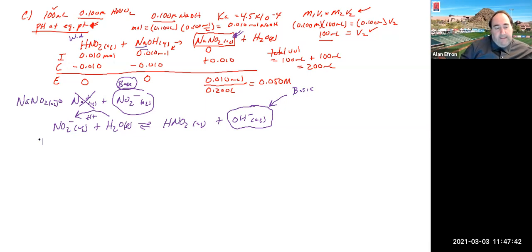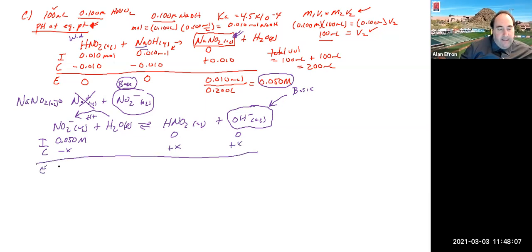At this point, it's an ice table, so we're going to use our equilibrium value here as our initial value. So we're going to carry it down, because obviously at this point in the titration, that is the concentration of our nitrite. We could do it in molarity at this point. Everything has been added. And we would do this table with x's, getting a 0.05 minus x, x, and x.